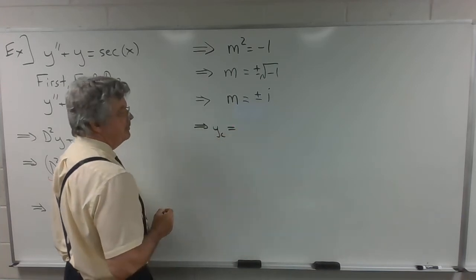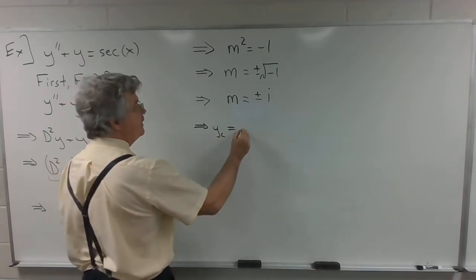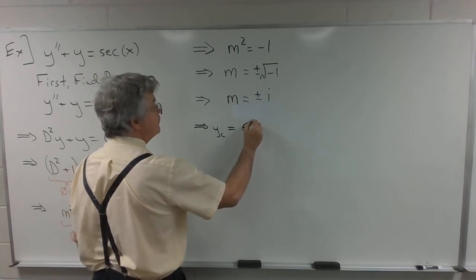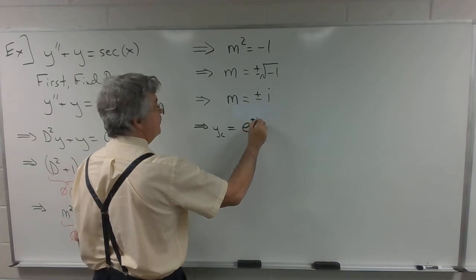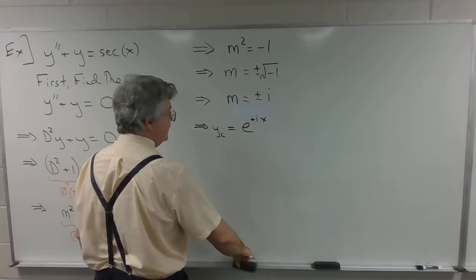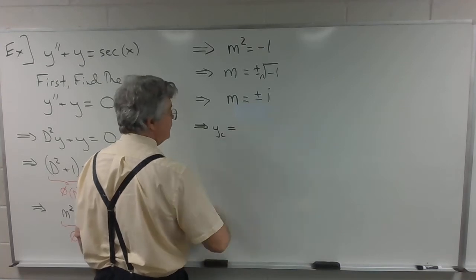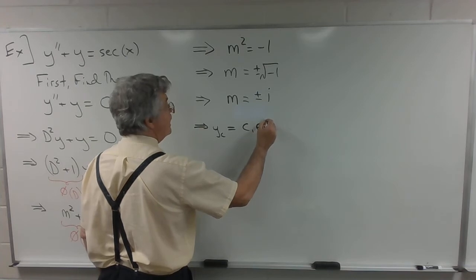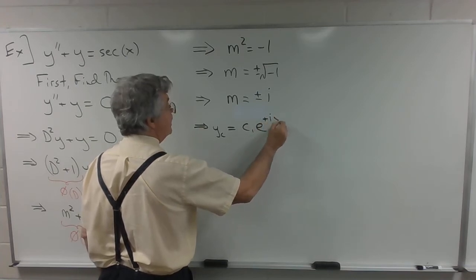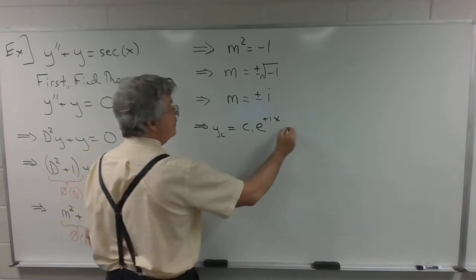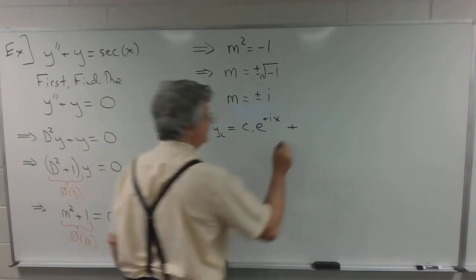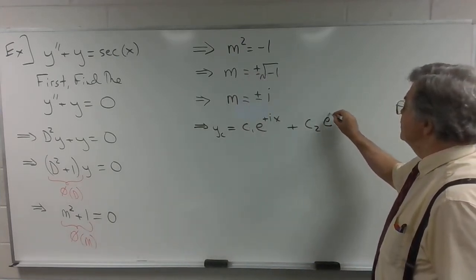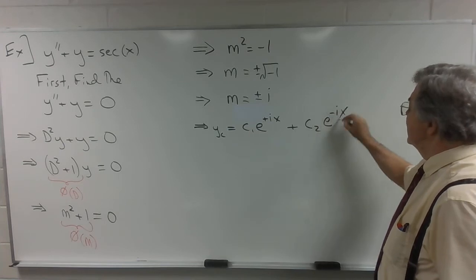So our complementary solution, y sub c, is, I beg your pardon, some constant c1 times e to the m1 x, so that's plus ix, plus some other constant, c2, e to the m2 x, which is negative ix.